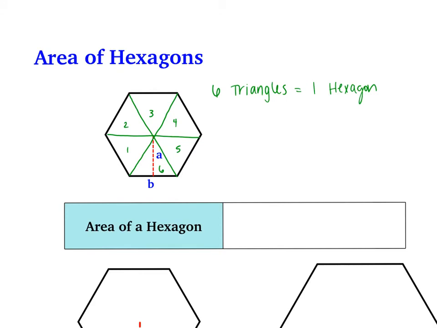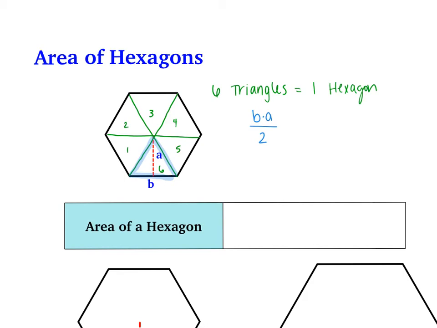So let's focus on one of the triangles. Let's focus on this one down here that I have parts labeled for. I know that one triangle would come from base times height divided by 2.